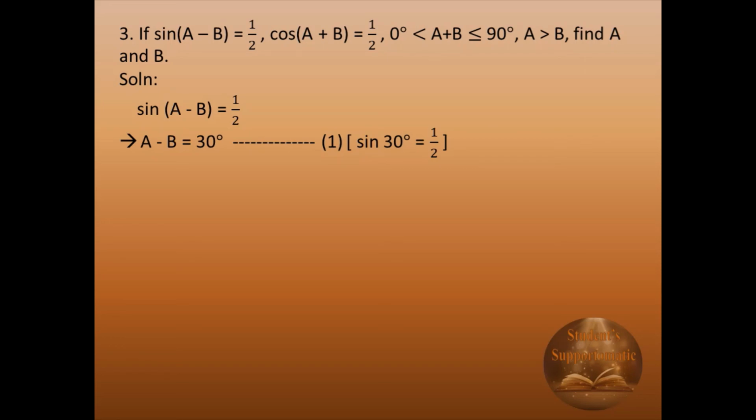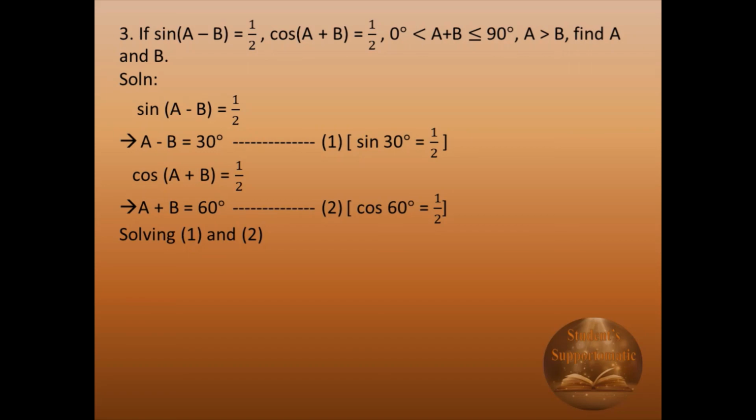Here theta is A minus B. So A minus B is equal to 30 degree, and we call it 1. Similarly, we take cos A plus B is equal to 1 by 2. Cos theta equal to 1 by 2 means that theta value must be 60 degree. So A plus B is equal to 60 degree. We call it 2.